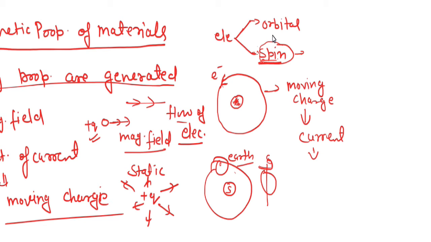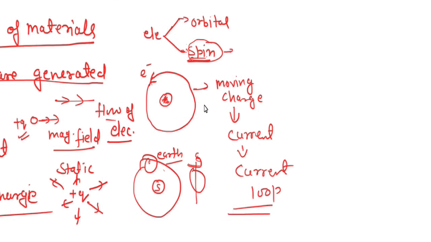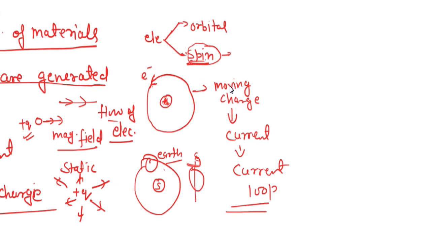So electron with orbital motion, you can compare with a current loop or current carrying loop. So if electron is moving around the nucleus in orbital motion, you can equate this motion with the current carrying loop.